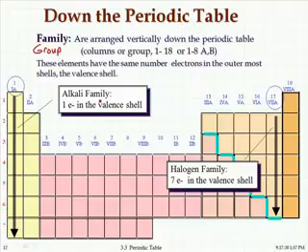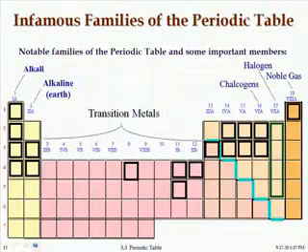And the reason for that is that one of the neat things about the periodic table is all of the elements that are in the same group or family have similar characteristics. Again, when we start discussing electrons, you're going to see why they would have similar characteristics. But we'll look at a couple of these.